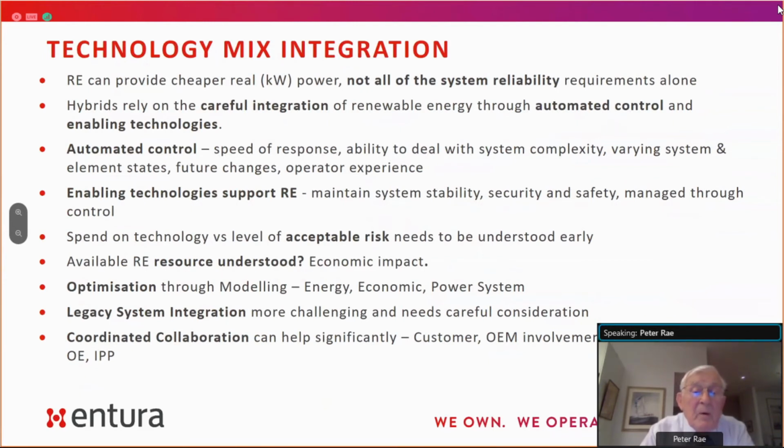Just referring while we get the next slide up, King Island started with battery and small wind and solar, and has now developed to a number of other means of storing power.